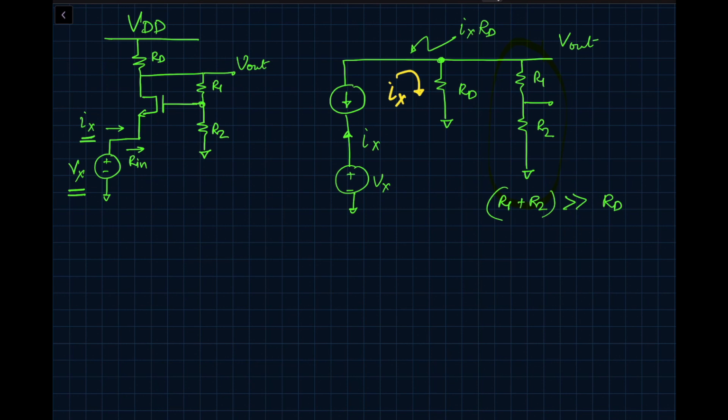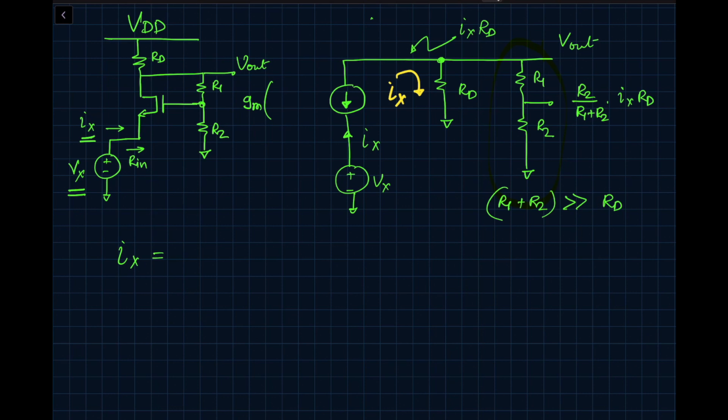So we can write the first expression. The voltage at the resistive divider, R1 and R2, is going to be R2 divided by R1 plus R2 times Ix times RD. And our current source value here is going to be gm times VGS. And what is VGS?